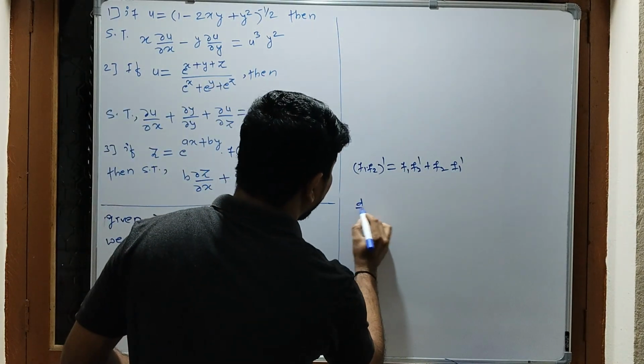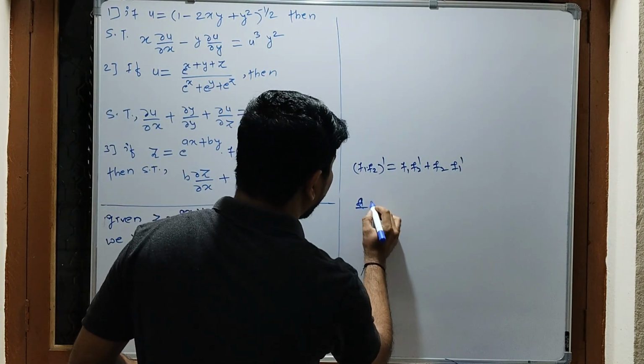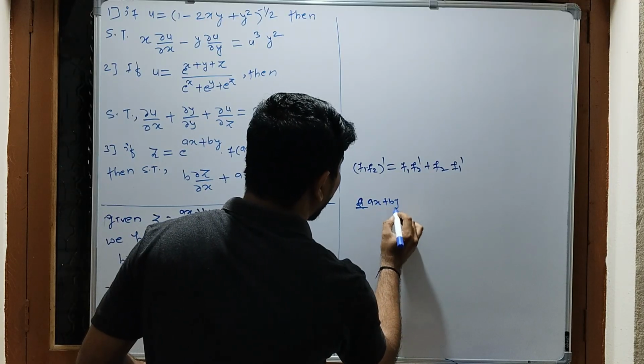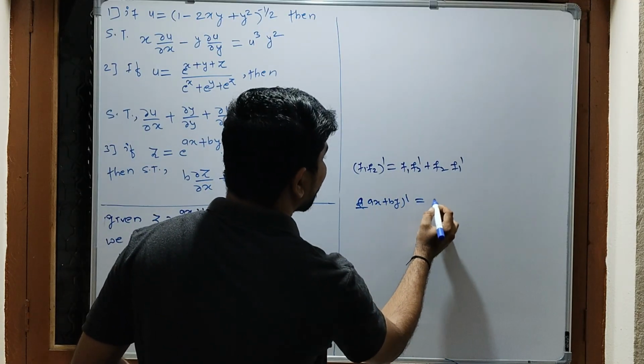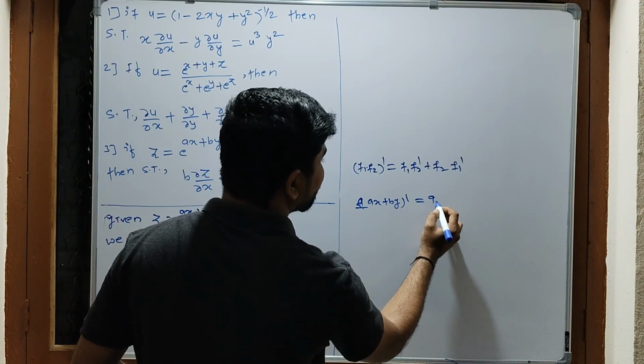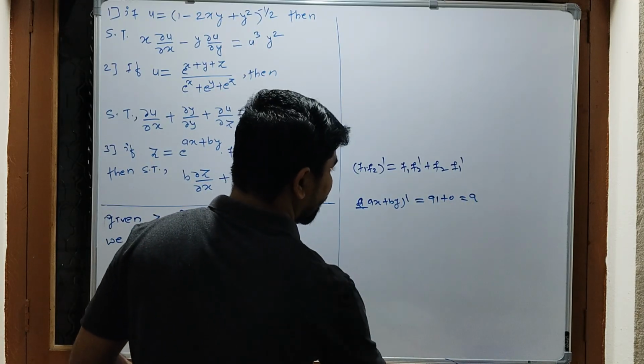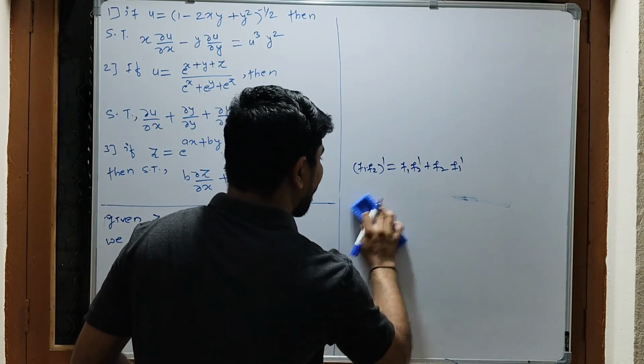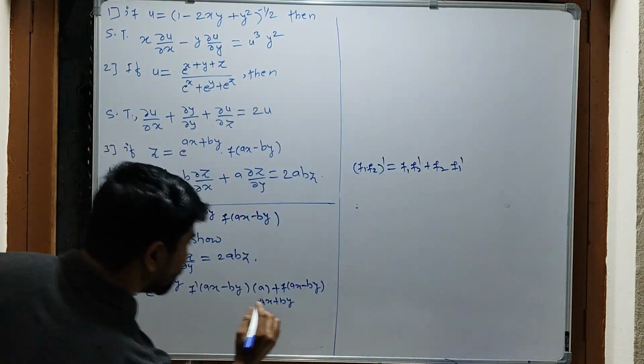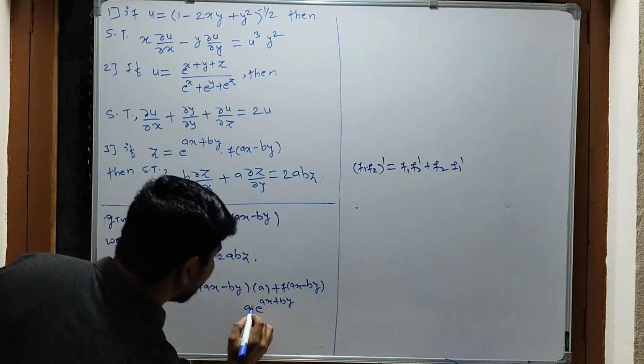The derivative of ax plus by with respect to x: a into the derivative of x with respect to x is 1, and this is 0. This is simply a. Therefore this is equal to a times this.